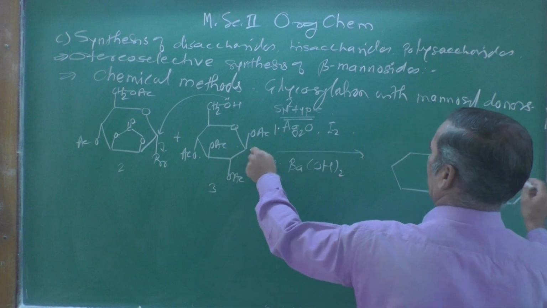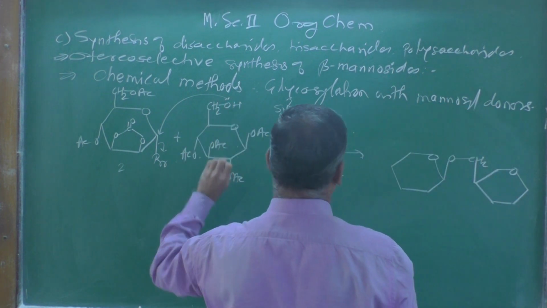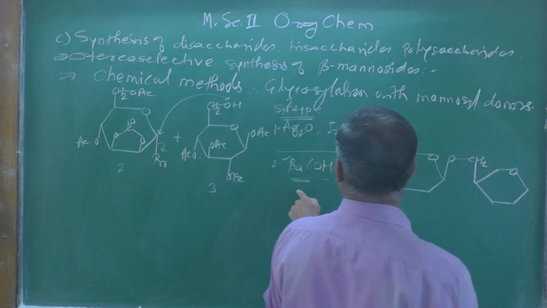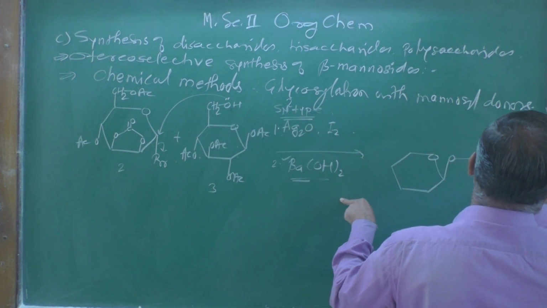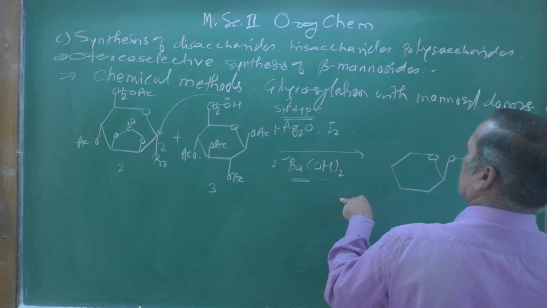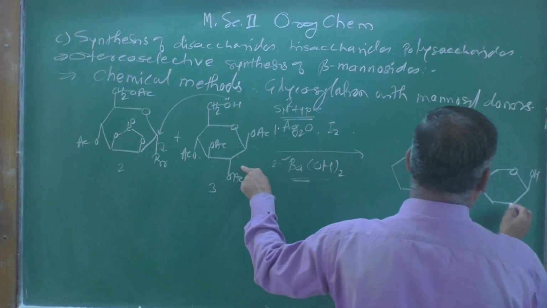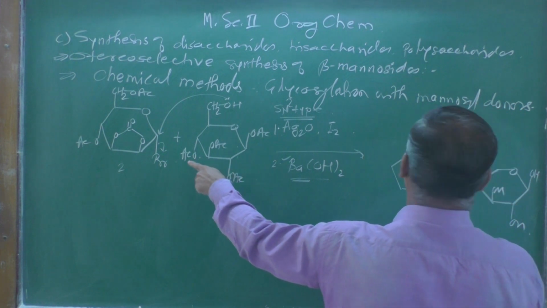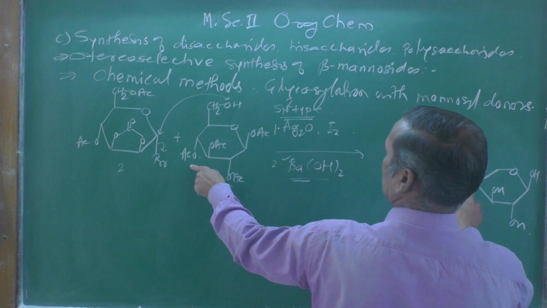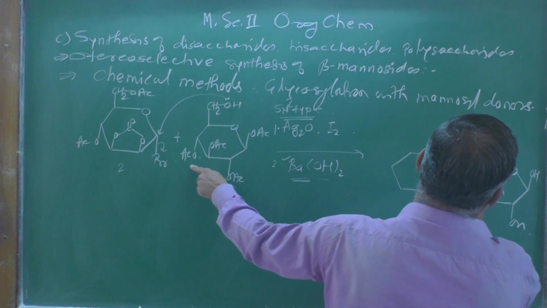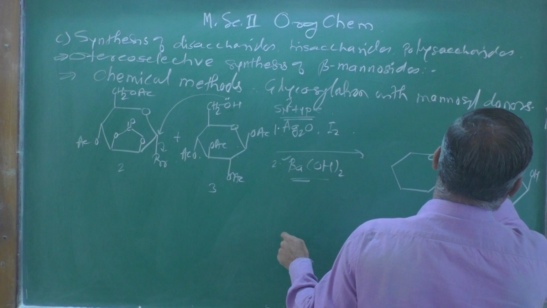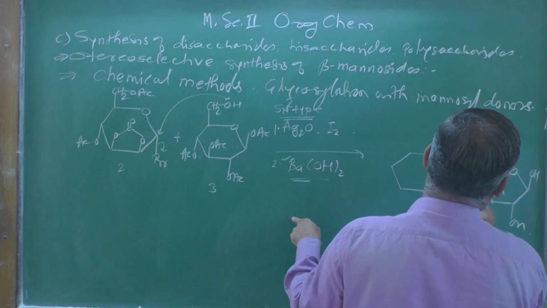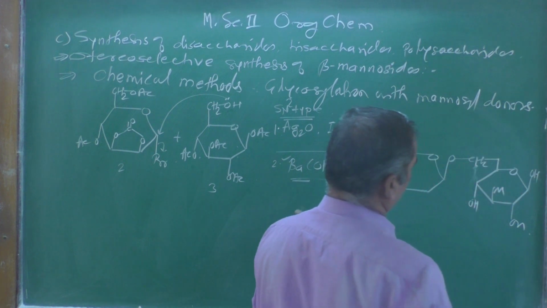Then all the protected groups, due to the presence of barium hydroxide, get deprotected, and we will get OH here, and here also OH. Now sorry, here is CH2 and this one, and the hydroxyl group is OH over here. Please make the correction over here.